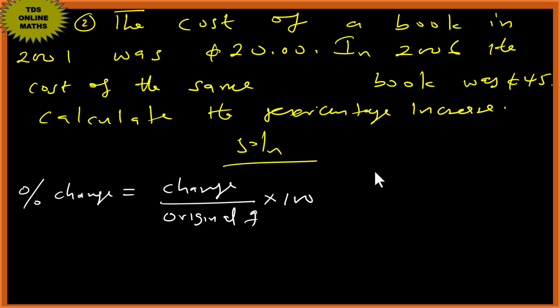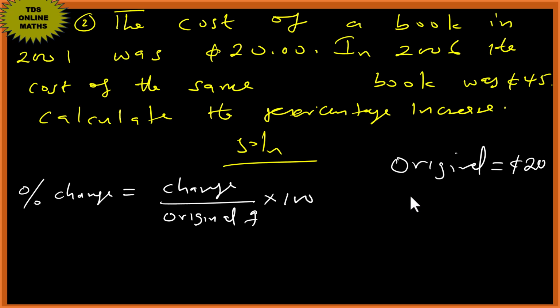The cost of the book in 2001 should be the original quantity, so my original quantity here is 20 cedis. In 2006, the cost of the same book went up, so there has been an increment.